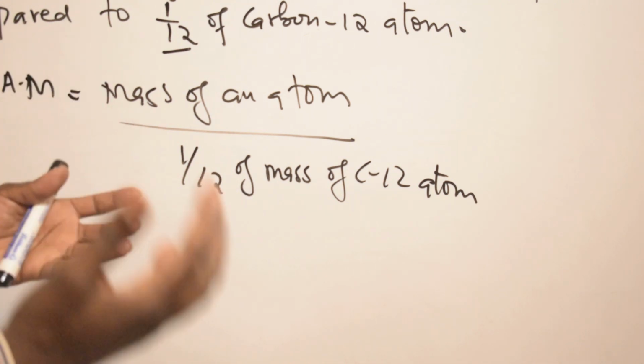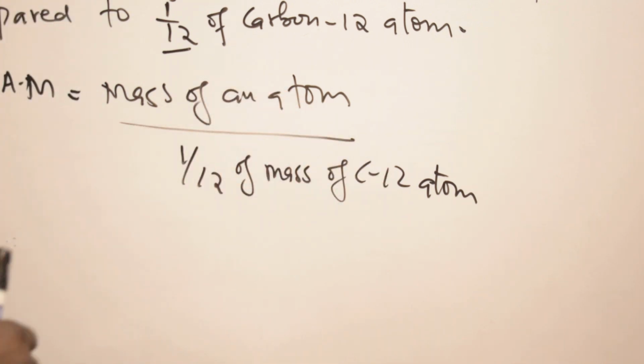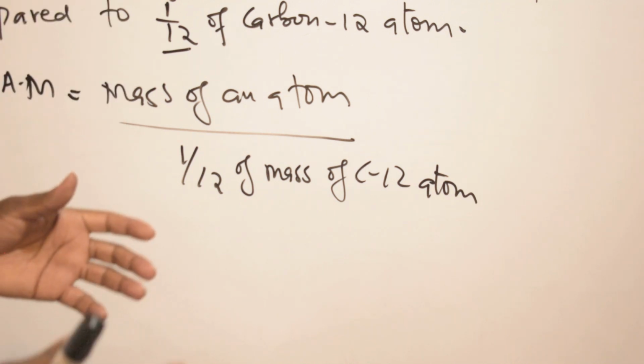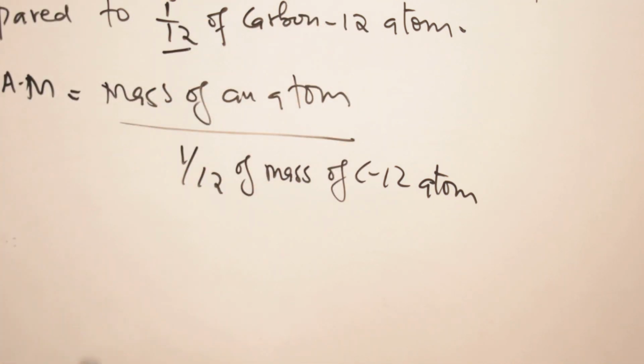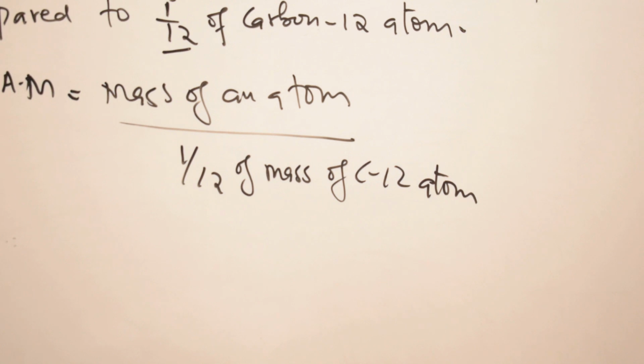Therefore, you can estimate that a proton may be given a relative atomic mass unit of 1. And so the mass number and the relative atomic mass are almost the same.